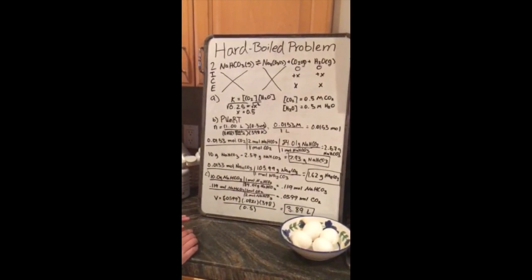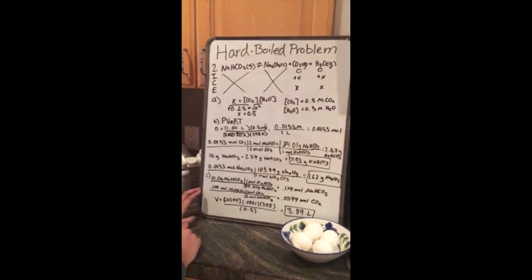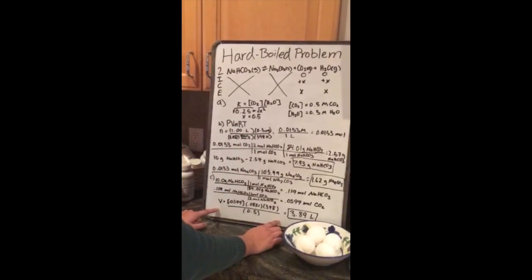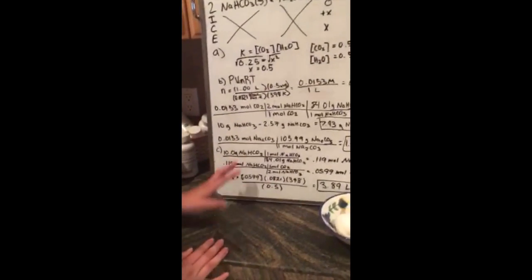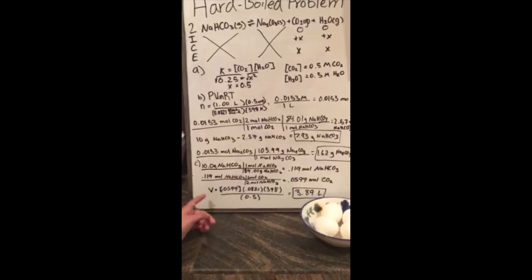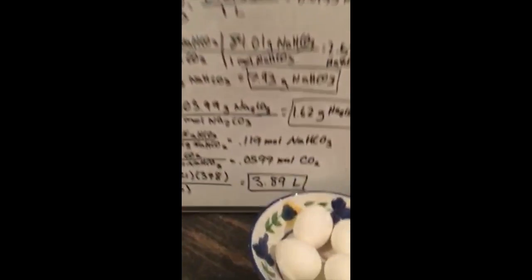And then you set it all equal to PV equals nRT. That thing just never goes away. And then you get volume, and you just set it up. You plug in all the numbers, the temperature was given, everything else is given, and then you solve for volume with your calculator, and you get 3.89 liters.